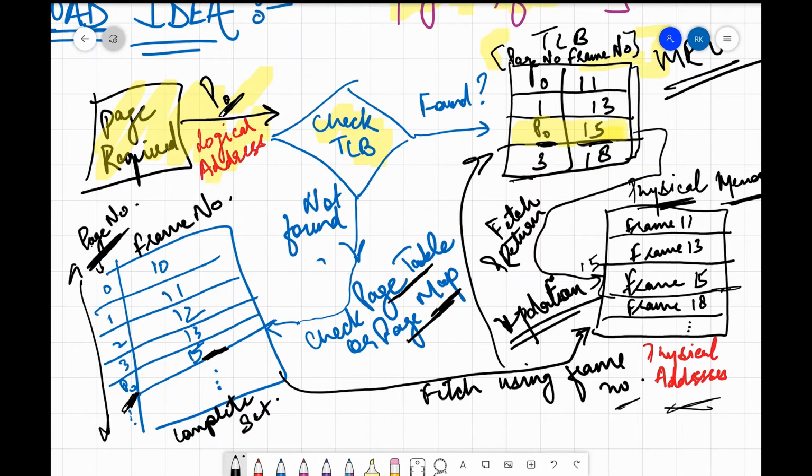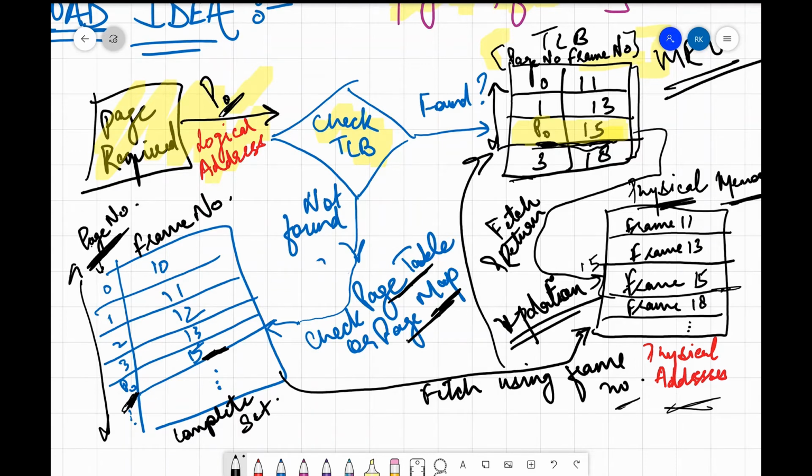Okay, in any case, if it is not currently in my videos, I'll be making a video on that as well. Okay, so the idea over here is then you replace that entry from the existing entries over here, and if there is sufficient space available, then you just add that entry over here. So the entry that will be added will be P0 and 15, which is already over here.